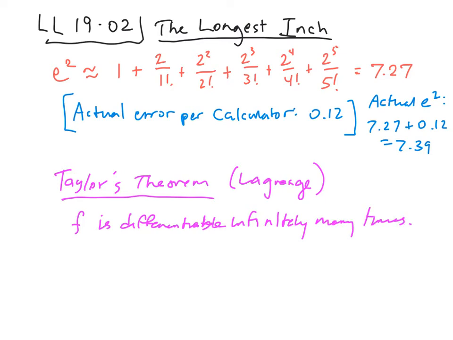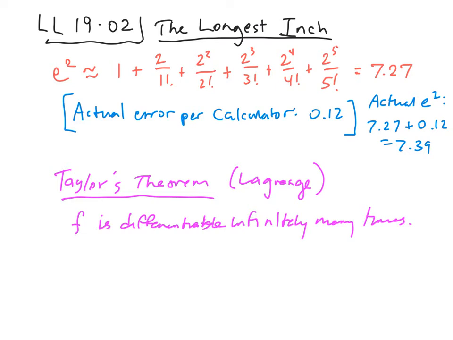I was going to say the theorem doesn't actually require infinitely many times. It requires a certain number of times, but really everything we're going to do in this course, the functions are going to be differentiable infinitely many times anyway.